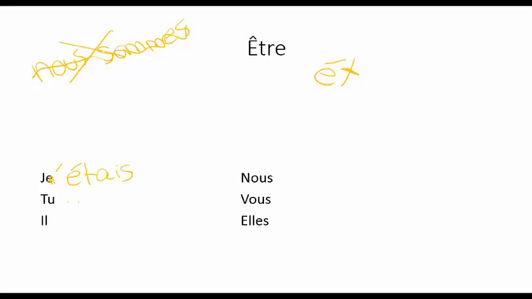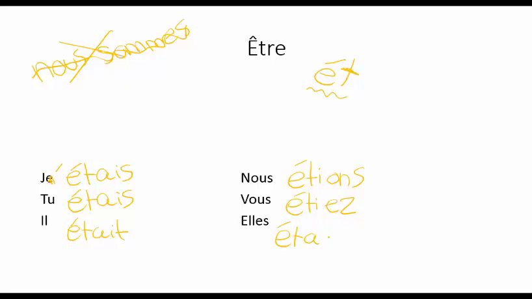Regular endings. Tu étais, il était. Please don't say et, even though I gave you the et reference. Nous étions. Vous étiez. And elle était. Okay? So, yeah, you're just going to have to remember this nice little stem. But on the bright side, all of the endings are still the same.